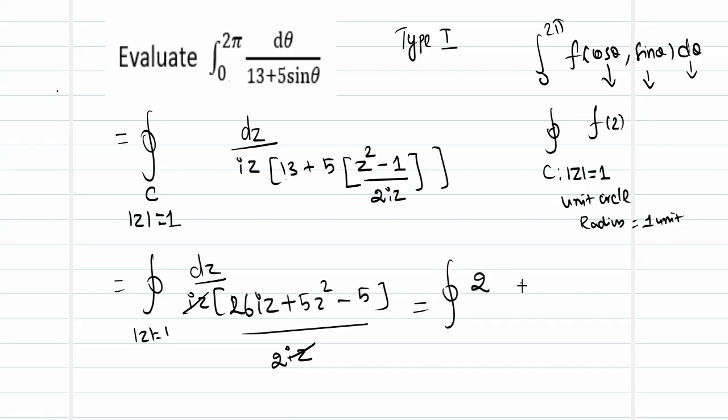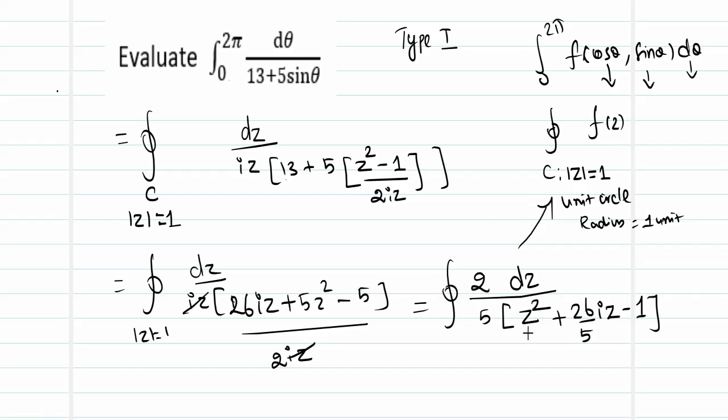So I have 2 dz divided by, taking the common term 5 outside, z square plus 26 by 5 times i z minus 1. Now my problem has been entirely converted into a function of z.